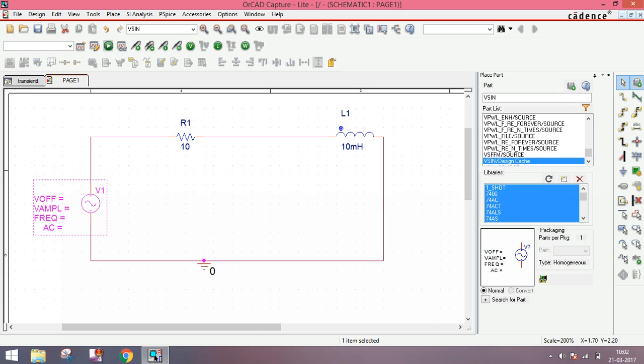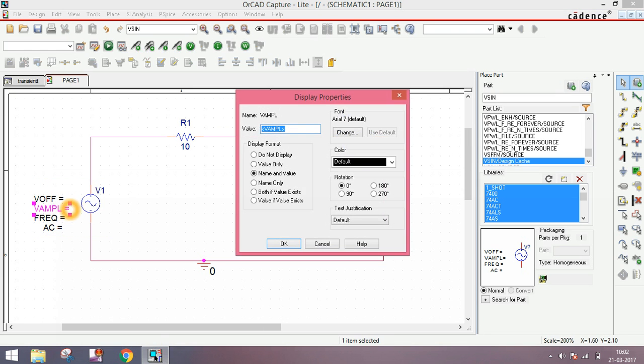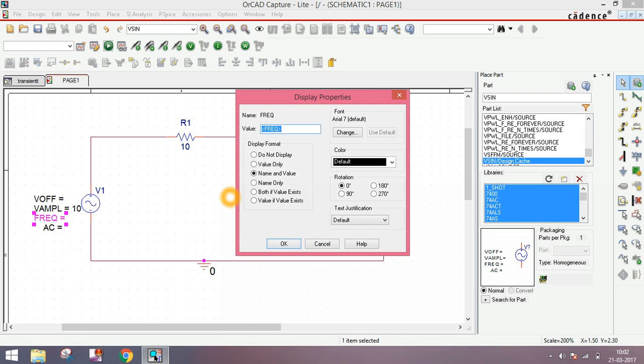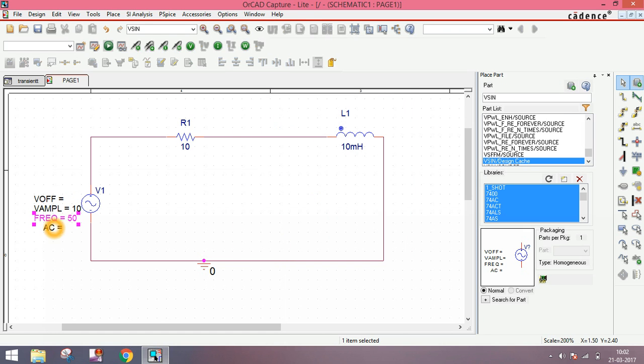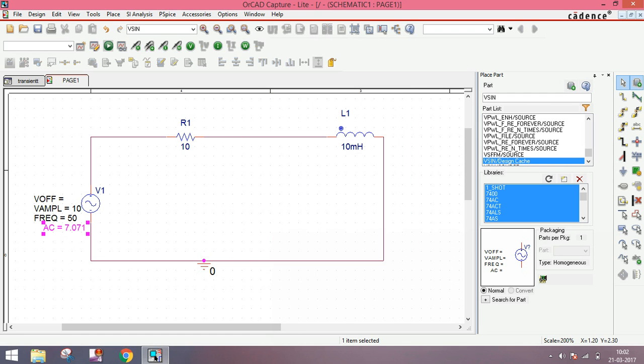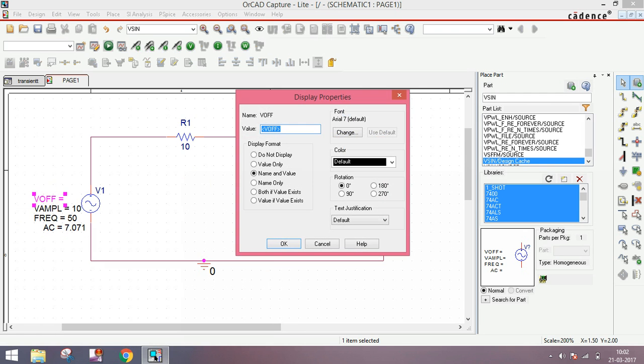So set this value here. Double click on that. V amplitude is equal to 10, frequency is equal to 50, Hertz is already the default unit, and AC is 7.071, and V of is set to be 0.